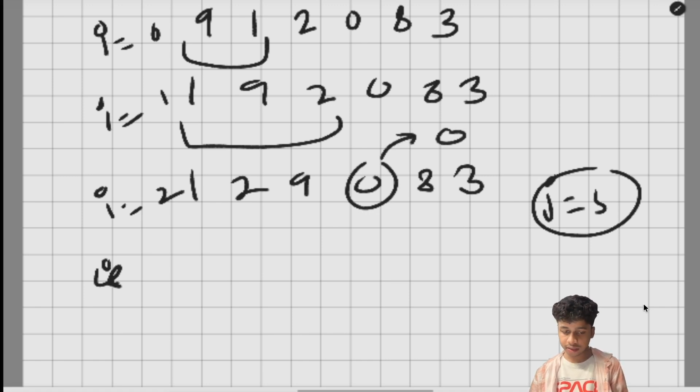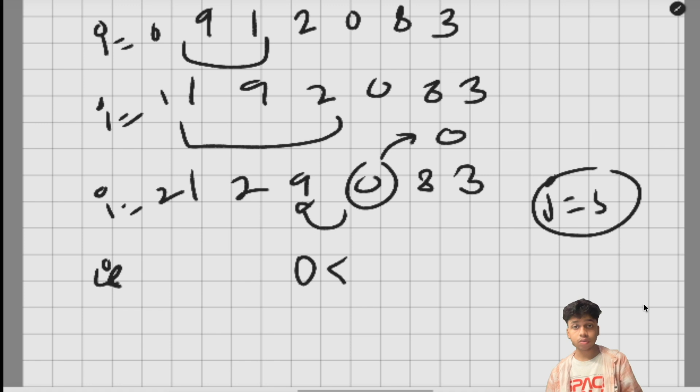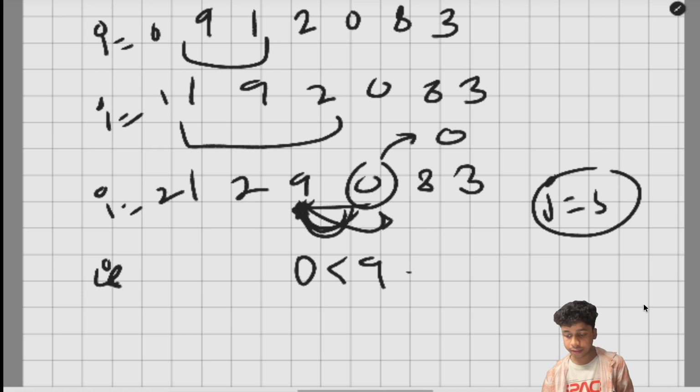It will check if 0 is less than the element at j minus 1. It will check because we need to put that element towards the LHS side, so it will be checked towards its left side. If it is lesser, then shift: right shift the 9 to this place, and left shift the 0 to this place. Is 0 greater than 9?